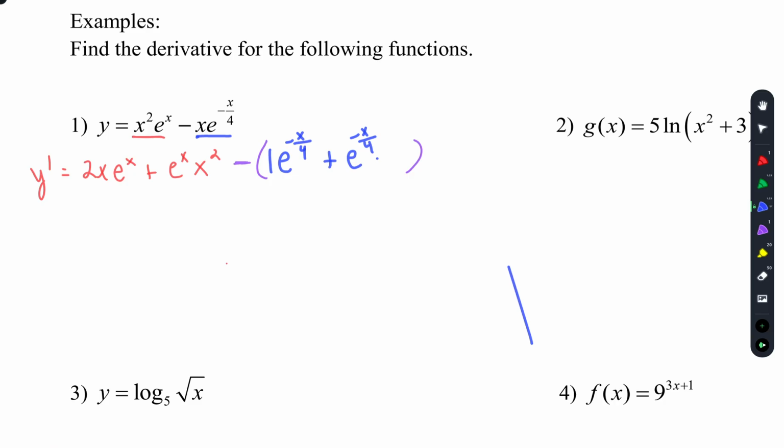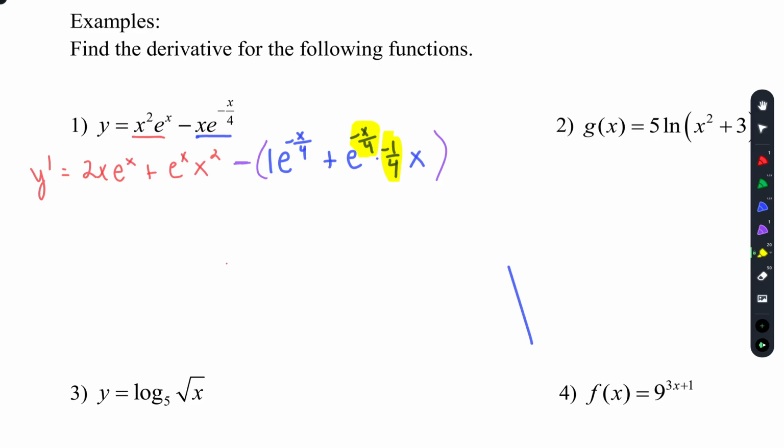But then you have to multiply by negative 1/4. You have to do some chain on it. Open up this parenthesis a little bit. But then also don't forget to deal with your x in there. So whenever your exponent is on the fancy side, don't forget the chain on it, okay?